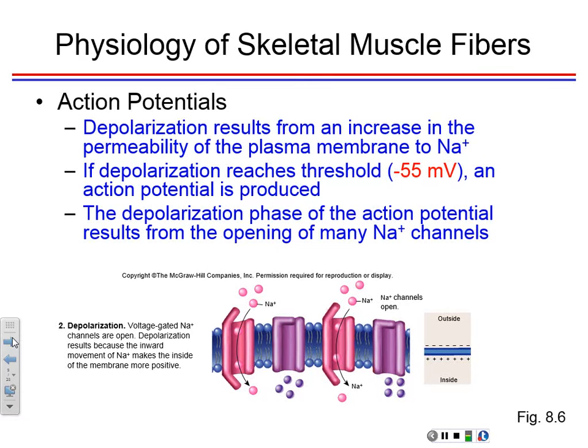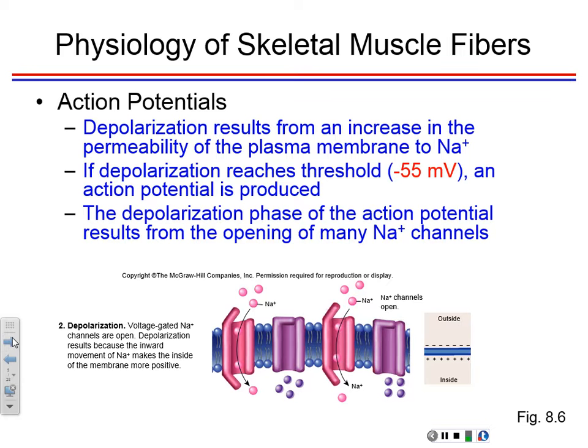It's pretty much what I just talked about at the beginning when I was saying an action potential only occurs when you reach threshold. So to reach the -55, we use the ligand-gated channels, because the message comes from the neurons via acetylcholine, which is a ligand. And whenever the membrane potential is going more positive, it's depolarizing.